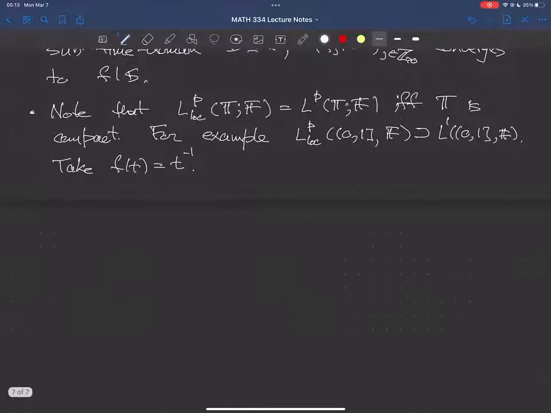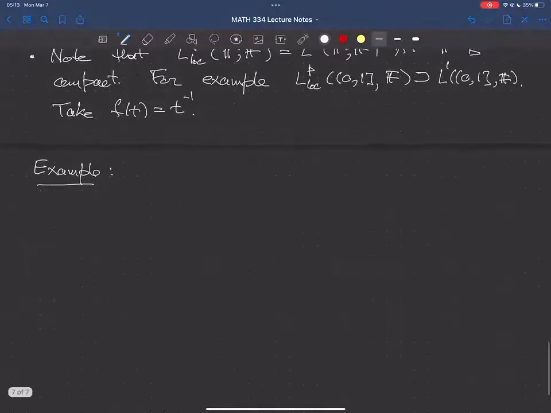All right, and let's look at convergence in these spaces. Let f(t) equal 0 on all of R. What I'm going to do is construct an example of a sequence that converges to 0, and I'm just going to draw the sequence.